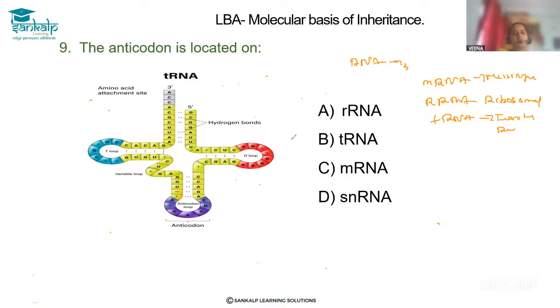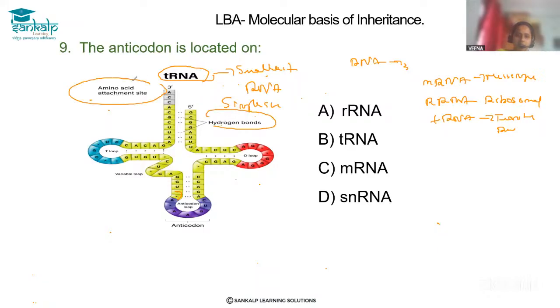Whatever you are observing in the picture of tRNA is called the smallest RNA, because it contains only a single strand which is folded like this. At the 5 prime end there are hydrogen bonds, at the 3 prime end there is the amino acid attachment site, and there will be two loops, the D loop and the T loop, and a variable loop.